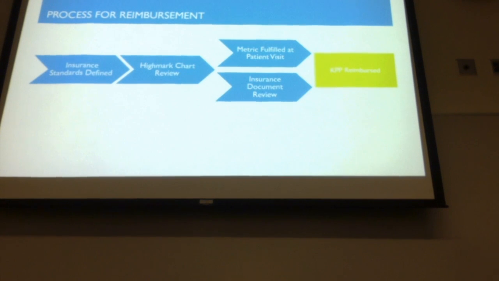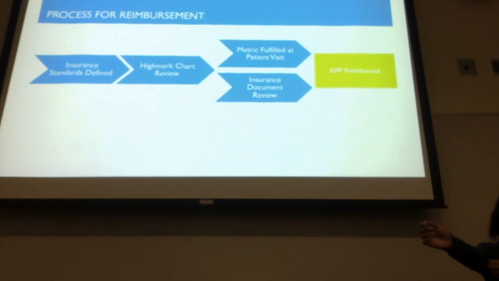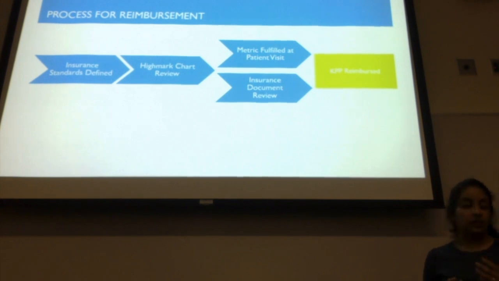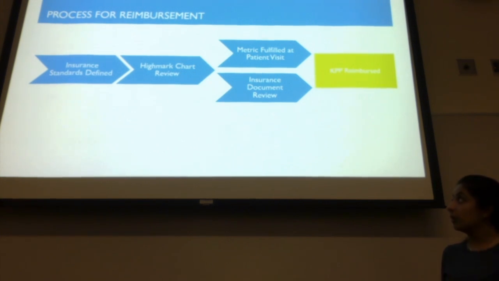I'd like to talk about the process for reimbursement so that we can really delve into how important compliance is for this. So when a patient makes a claim at KPP, their name automatically goes into a list that an insurance company can pull their record from.